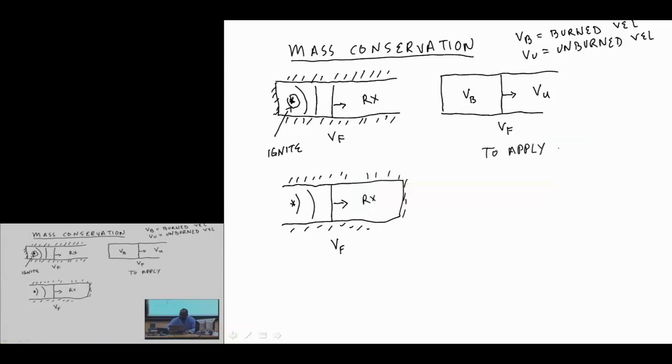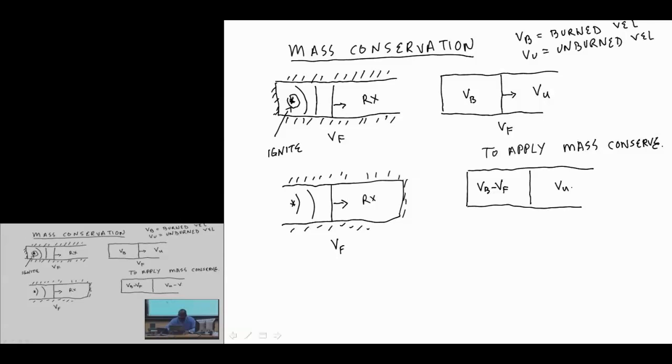So to apply mass conservation, we're going to subtract off VF. So I have VB minus VF, and I have VU minus VF. Okay? So I've subtracted off the velocities there.